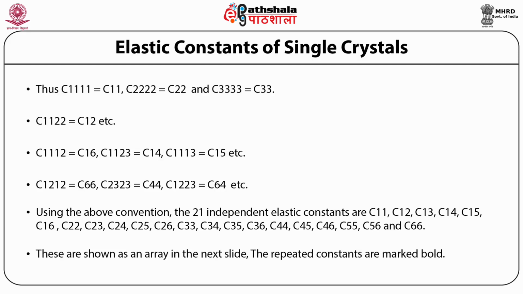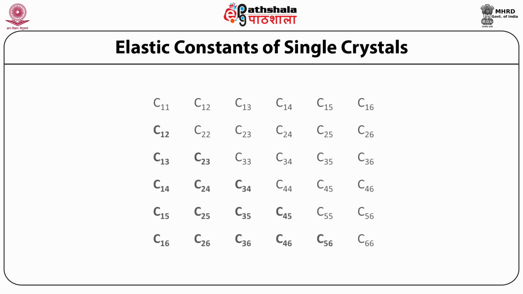These are shown as an array in the next slide. The repeated constants are marked bold. Students, this is the array of 21 independent elastic constants for a triclinic crystal, and here the repeated constants are marked as bold.